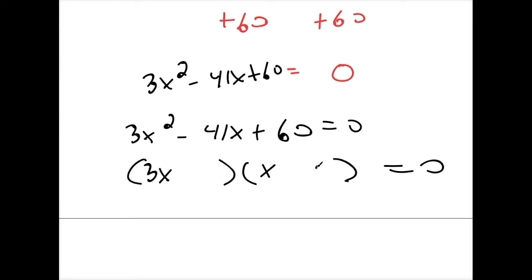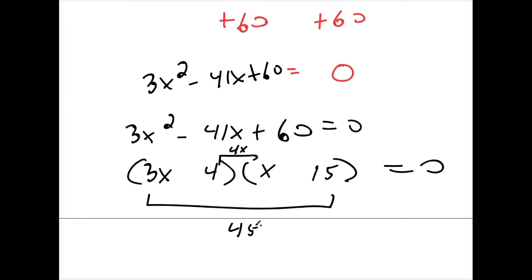Let's try 15 and 4. Everybody knows that's 60. So we have right here 45. That's kind of interesting. And over here, 4. Still interesting. So we have 4x, we have a 45x. And we think, all right, well, how can 45 and 4 come together to give me negative 41?